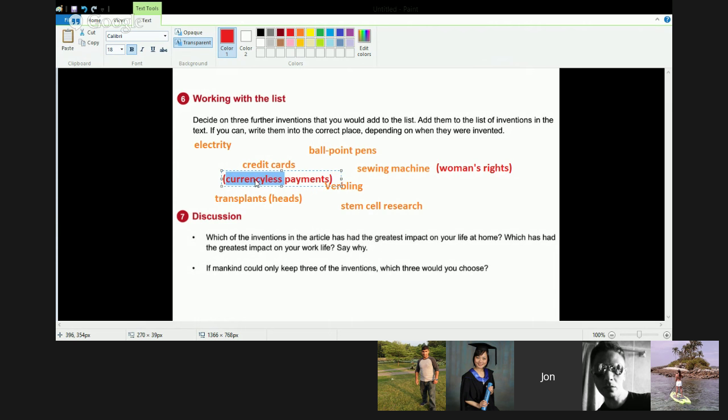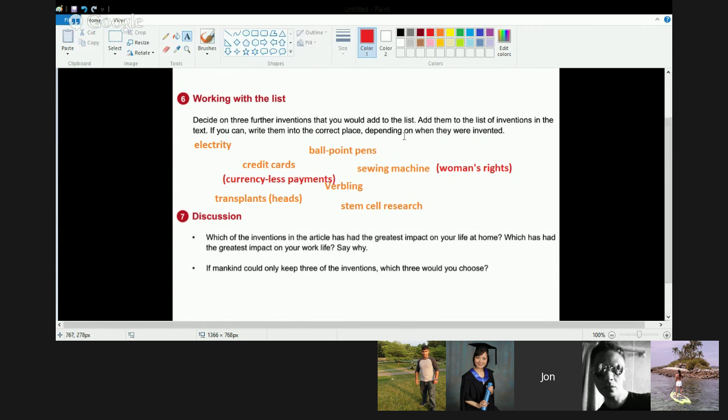Absolutely. So I'm going to say something like currency-less payments for the first time. Currency-less payments. Yes, something like that. I don't know if I just invented a word or not, so I'll put a little thing there. But absolutely.